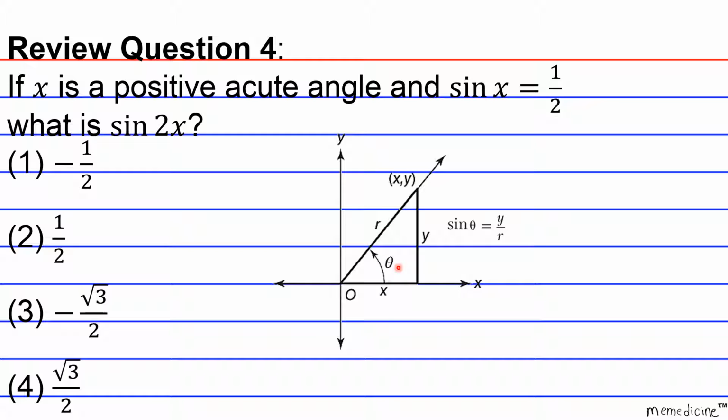And you also have to note that the cosine of theta, in our case x, is going to be the value of the x-coordinate divided by the absolute value of the measurement of the ray that intersects the coordinate system at 0 to form our positive acute angle, okay?